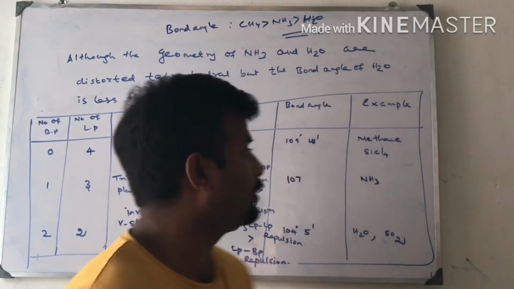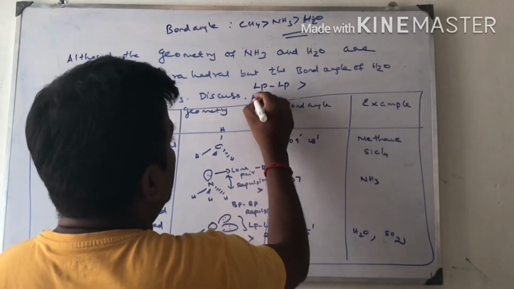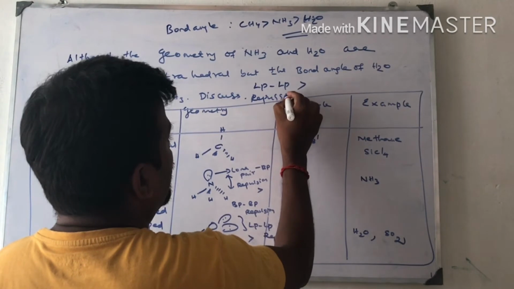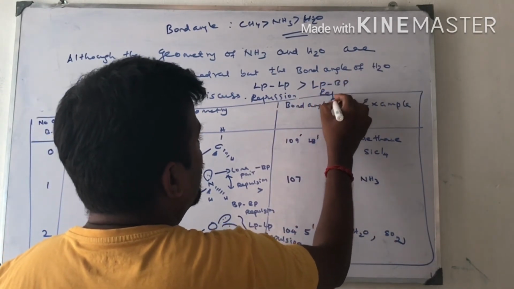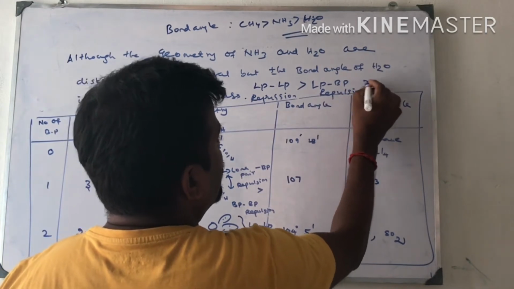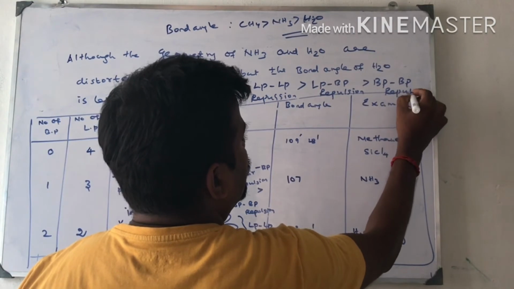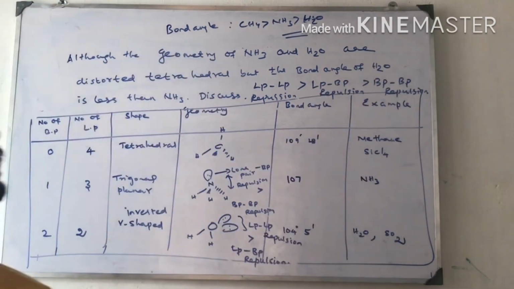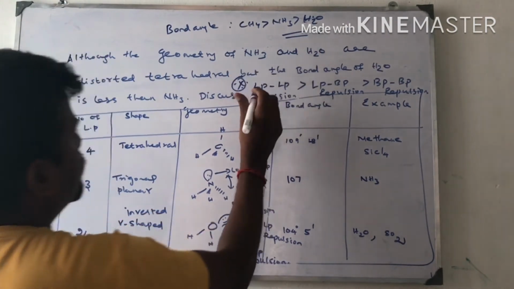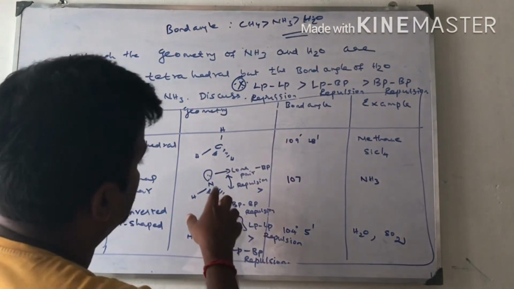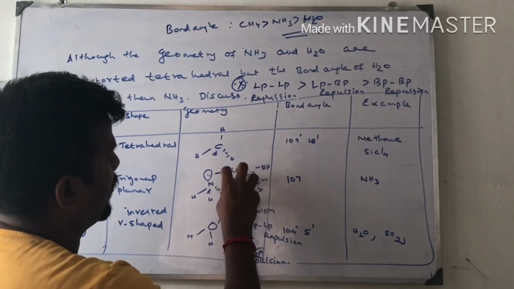Lone pair repulsion is greater than lone pair bond pair repulsion, which is greater than bond pair repulsion. So this is the answer. This is the technically important term given in your textbook. With the help of this idea, lone pair bond pair repulsion is maximum.